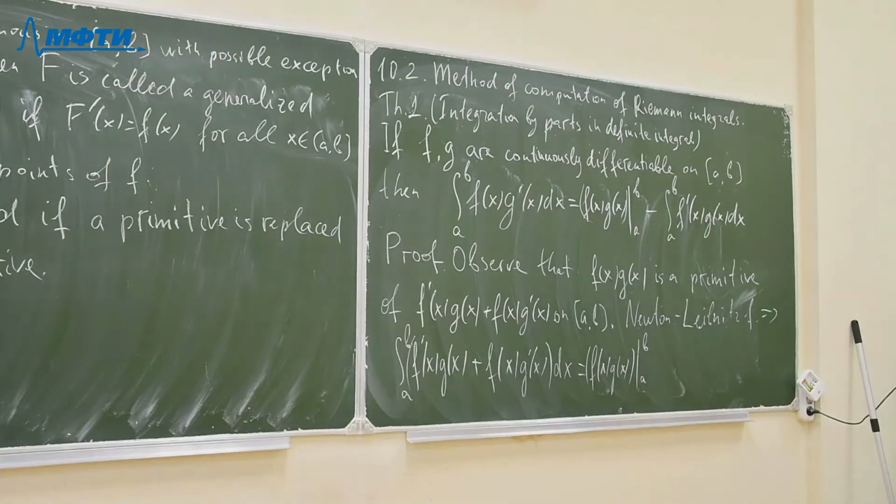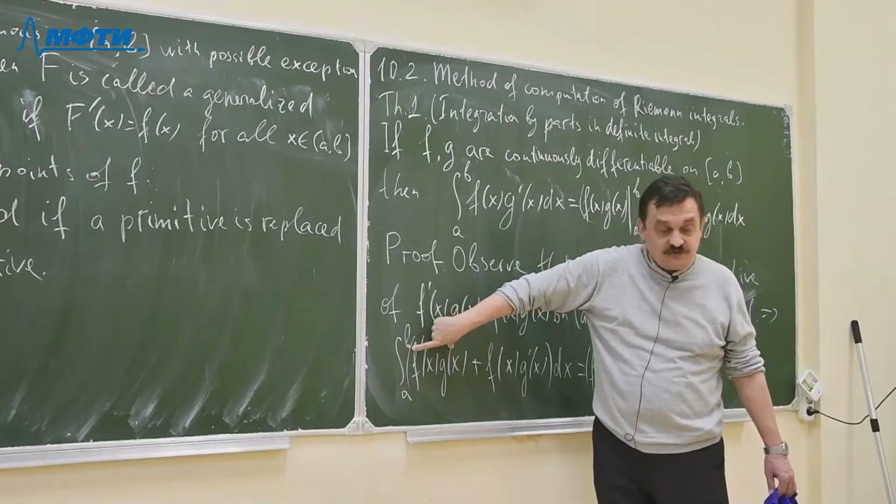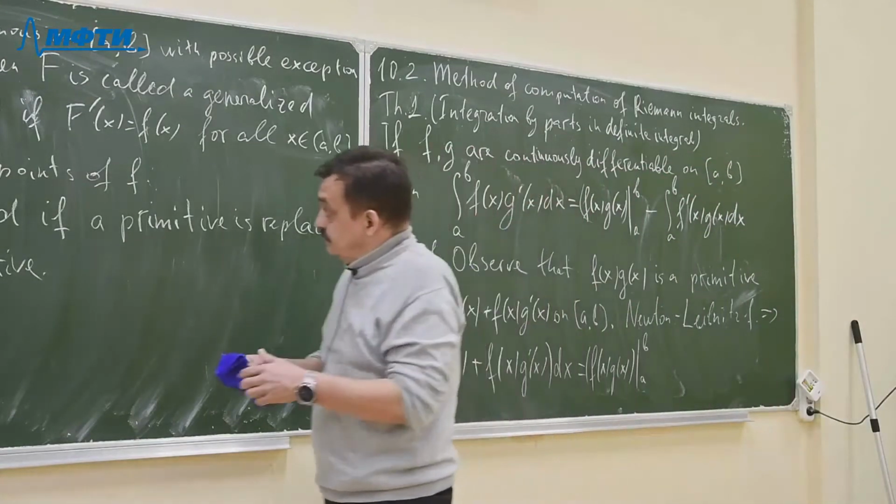And then look at this, and you see that is precisely what we want to prove. Just move the first term from the left hand side to the right hand side. That's it.